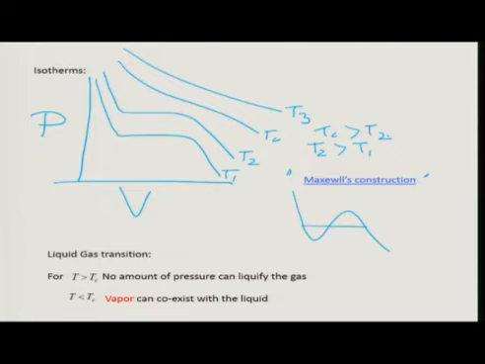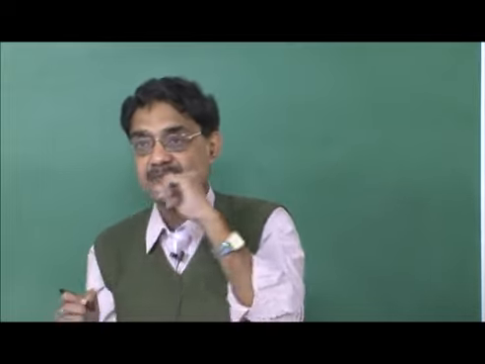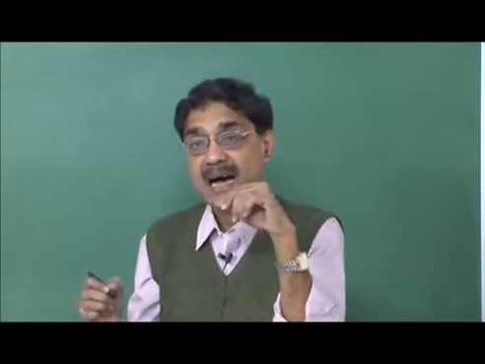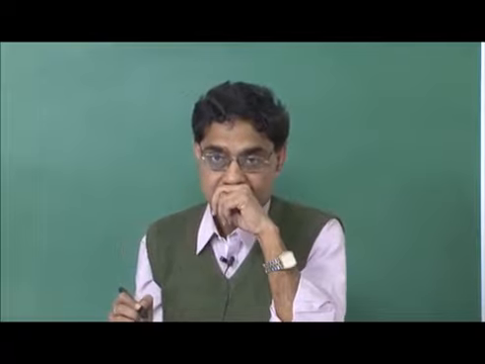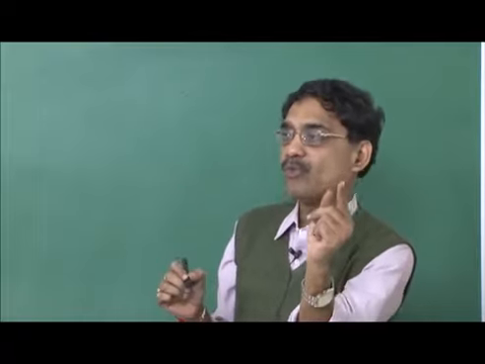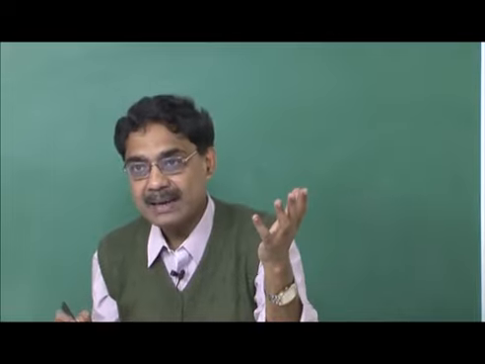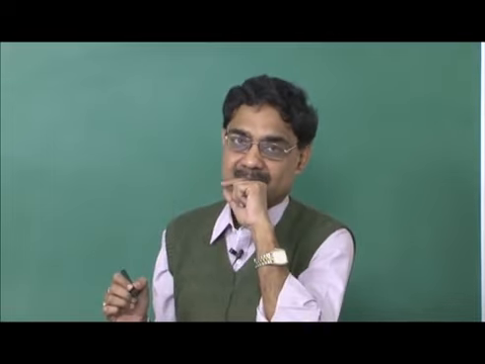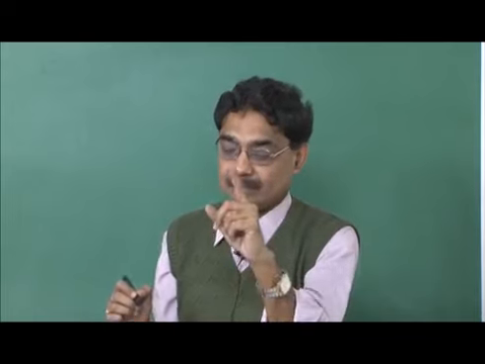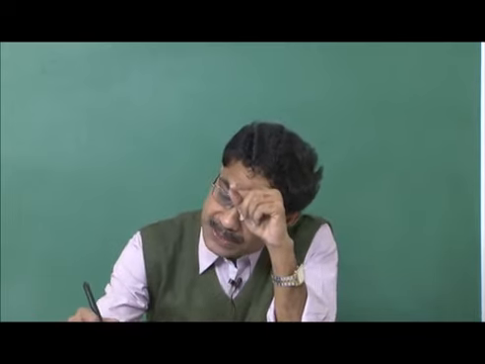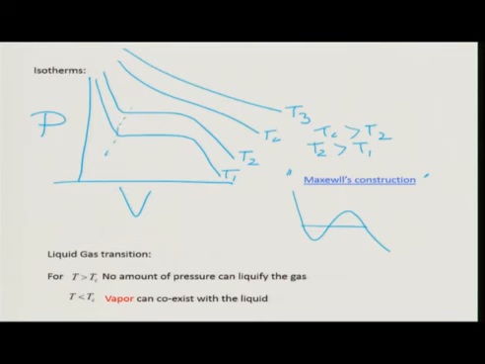So, there is a liquid phase which is high pressure, low volume. There is a gaseous phase which is high volume, low pressure. So, I can go from one phase to the other by changing temperature or by changing pressure, but there is a difference. There is this temperature Tc and I drew a dotted line here.